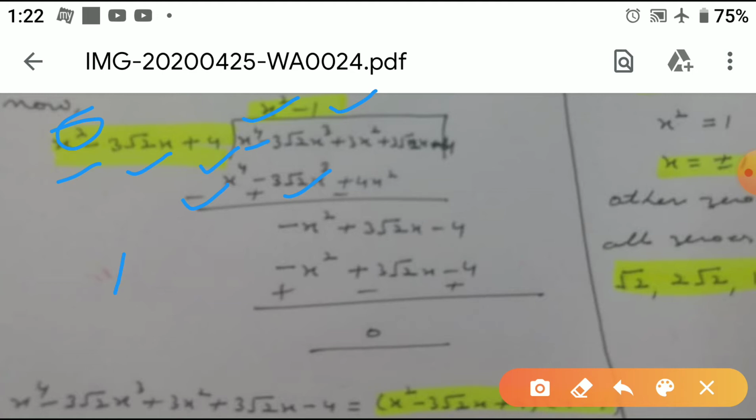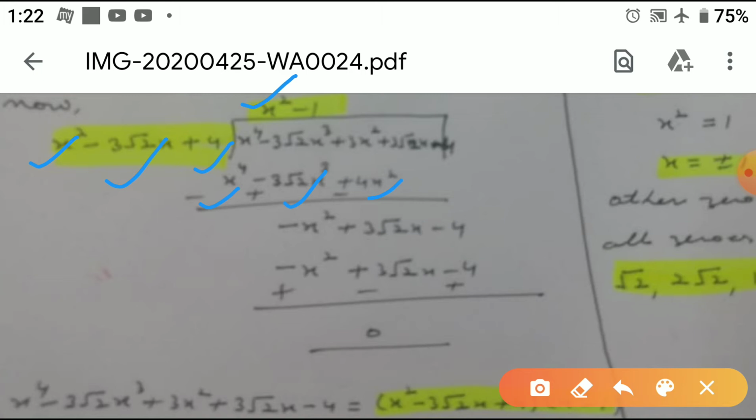Now what's happening here, this x square with x square we get x^4. Now x square with this we get minus 3 under root 2x cube, and when you multiply this x square with 4 we get 4x square, right?